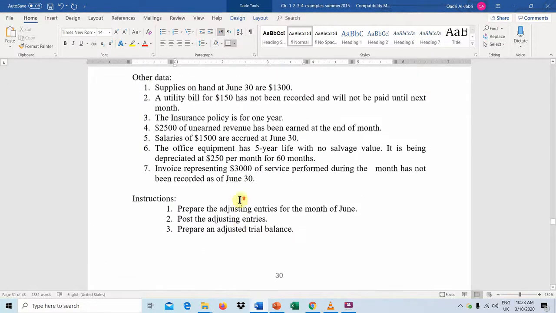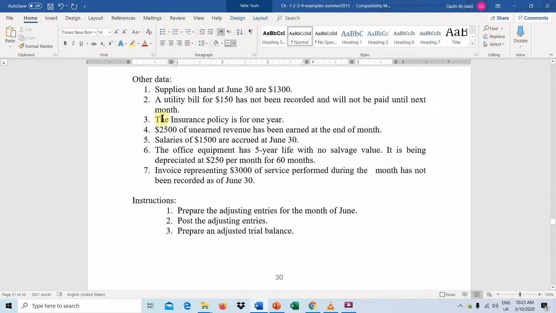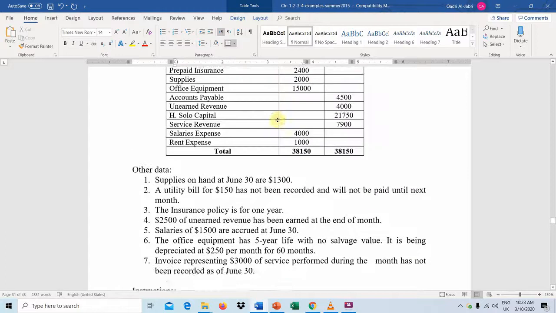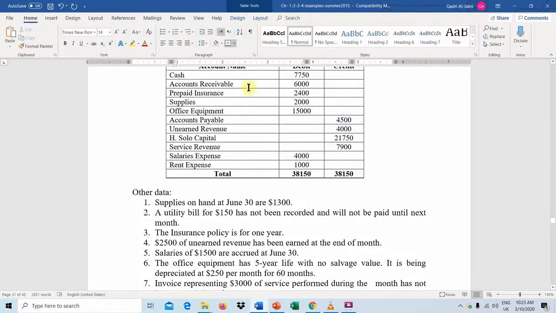Let's check the third one. The third one says that the insurance policy is for 1 year. So we have an insurance policy for 1 year, and the policy is 2,400. We are using 1 month.